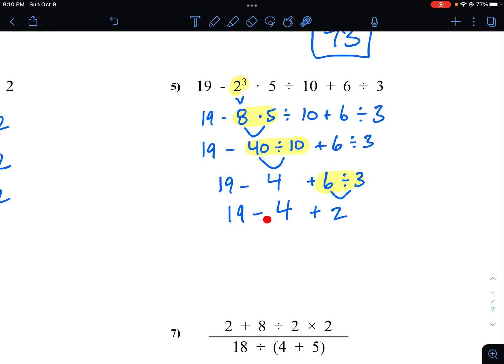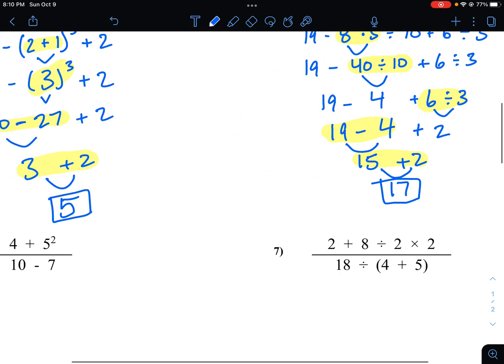But there we have 19 minus 4 plus 2. What do we do first? Well, we have subtraction and addition, which is on the same level, which means we go left to right. We start with 19 minus 4, which gives us 15 plus 2, which is our last step. 15 plus 2 is 17. And that is our answer.